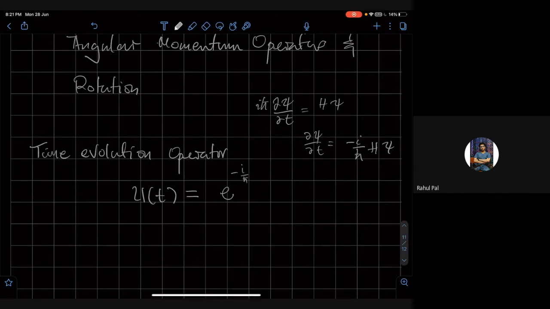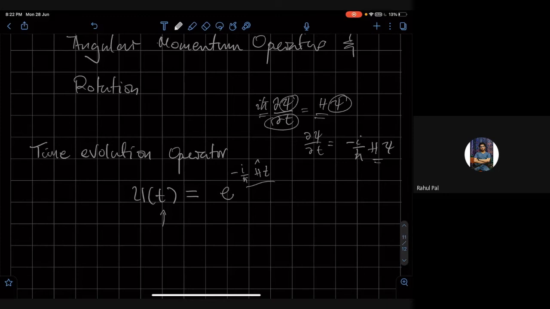And then there should be a factor of t, and because of the Hamiltonian here, there should be a factor of H. If you look at dimensional analysis, you know that Ht will have the same dimension as h bar, so this is dimensionless.